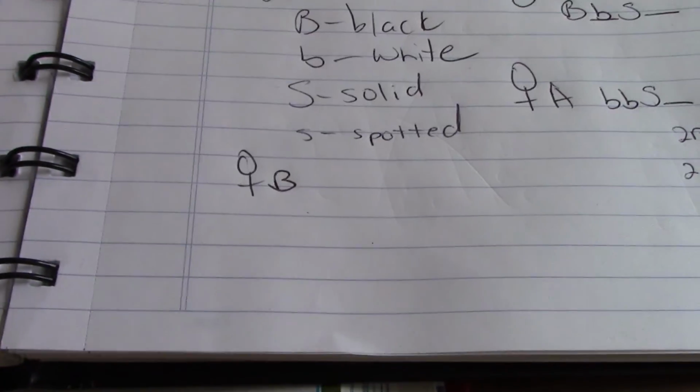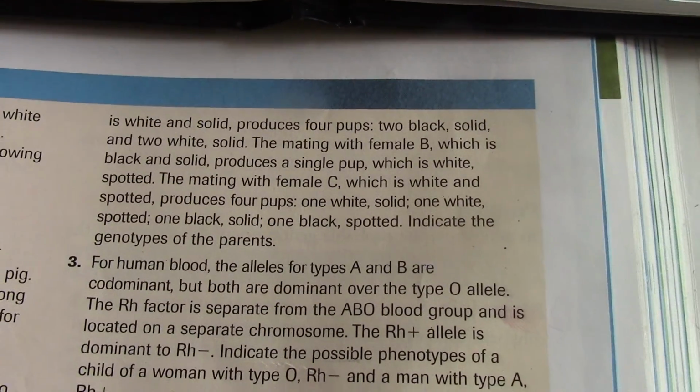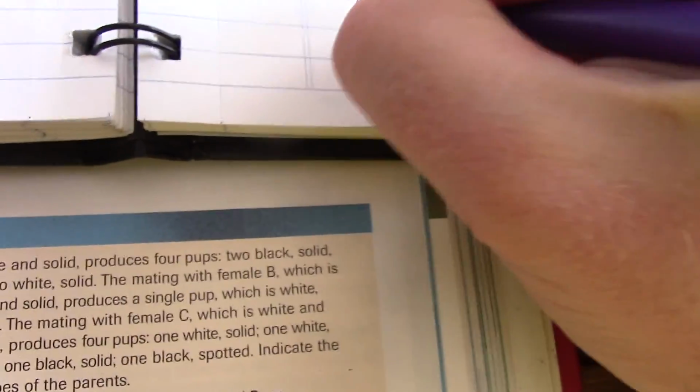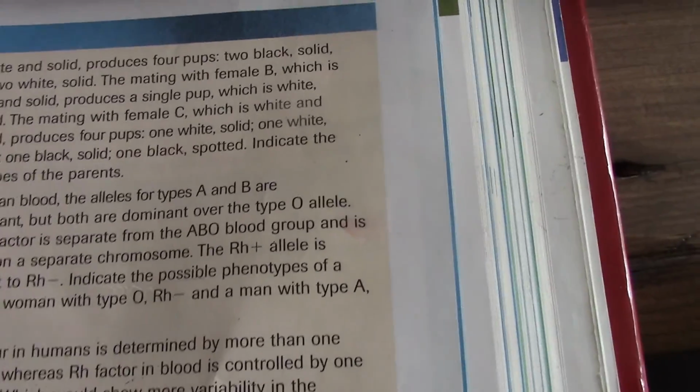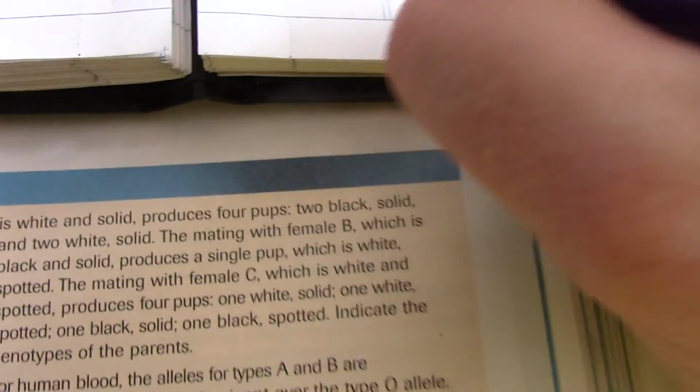So let's look at the next one, female B. So the mating with female B, which is black and solid. So this female is B S. This produces a white and spotted pup. So the pup is actually this, homozygous recessive.